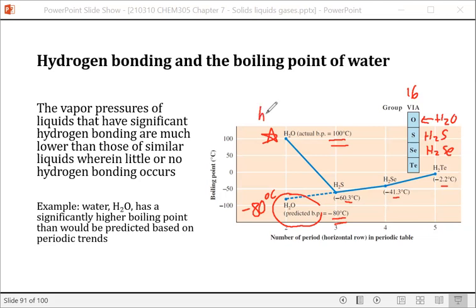And that's because water can hydrogen bond. And those hydrogen bonds are the strongest cohesive forces that can exist between molecules. And so because of hydrogen bonding, water molecules stick to each other, and it takes a lot more energy to get them to convert from the liquid phase into the gas phase. So that's why their boiling point is so high.